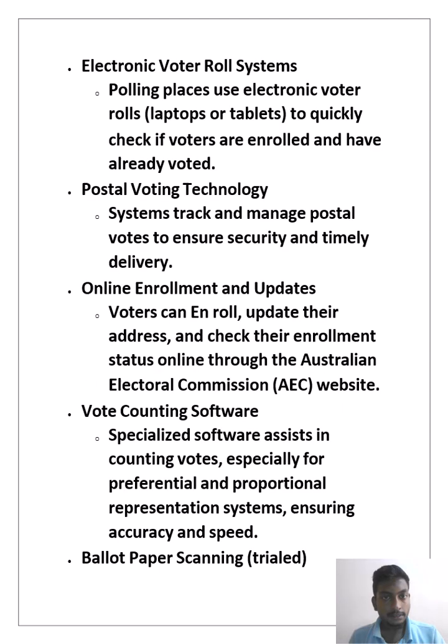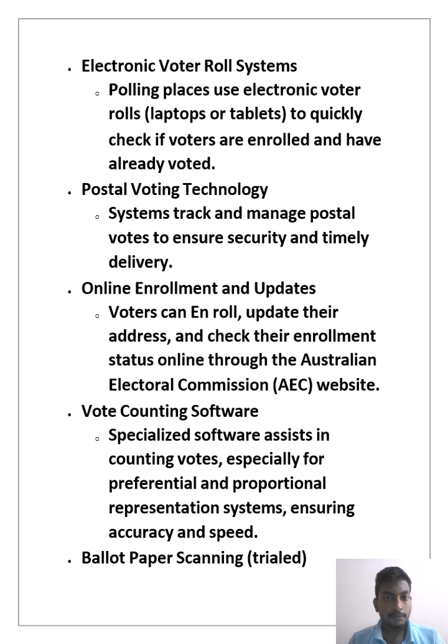Technologies used. Electronic voter roll systems. Polling places use electronic voter rolls on laptops or tablets to quickly check if voters are enrolled and have already voted. Postal voting technology.